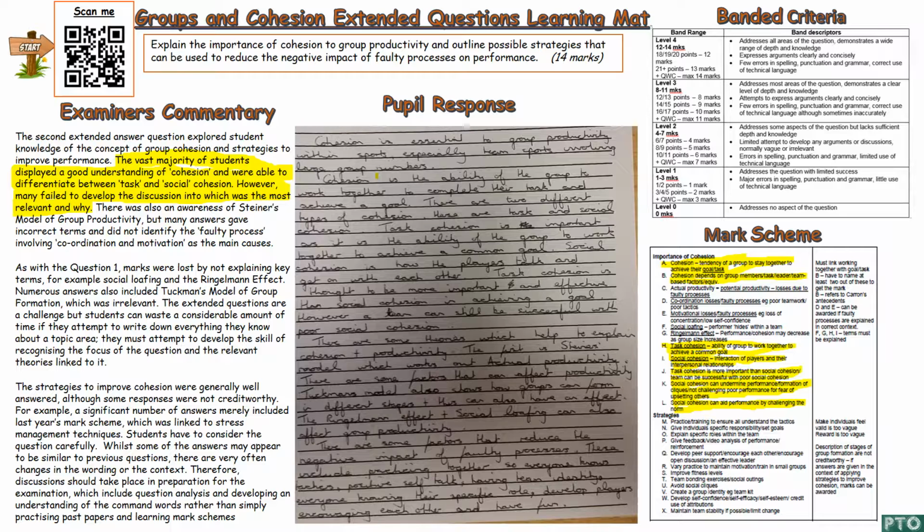So once you've read through the examiner's commentary and mark scheme, what we're going to do now is try and look to see if the pupil response has managed to achieve any of those points from the mark scheme. So I want you to use a highlighter pen on the pupil response, and when you've paused the video, highlight what parts of the mark scheme from points A, H, I, J, K, and L the pupil has actually managed to achieve.